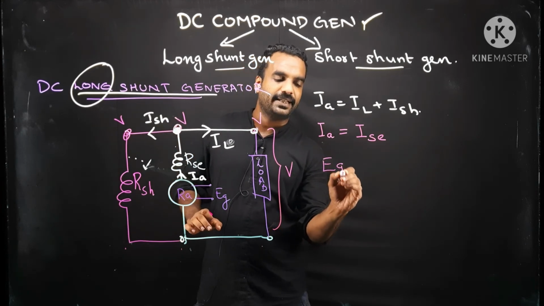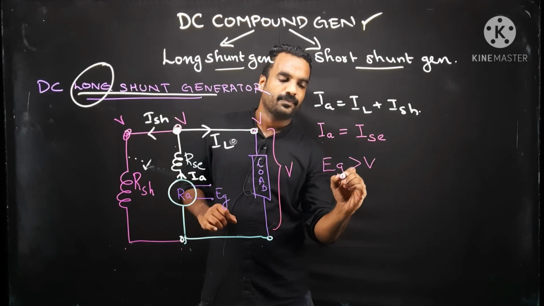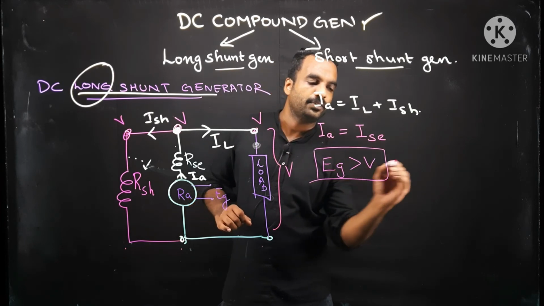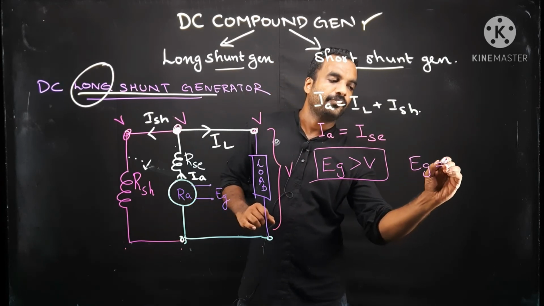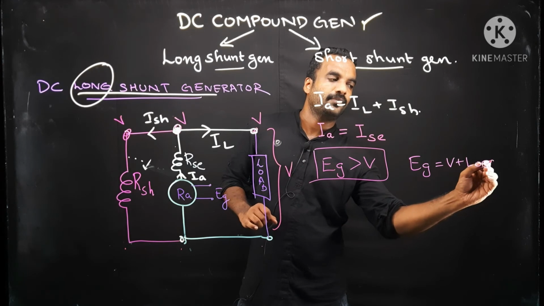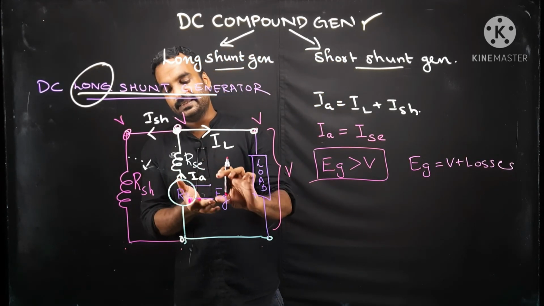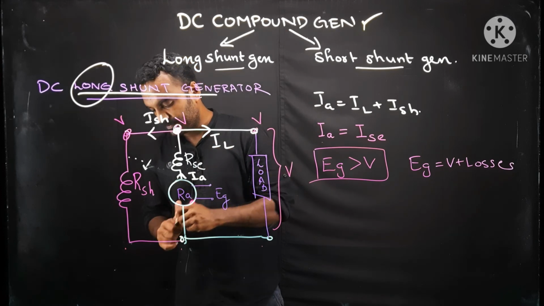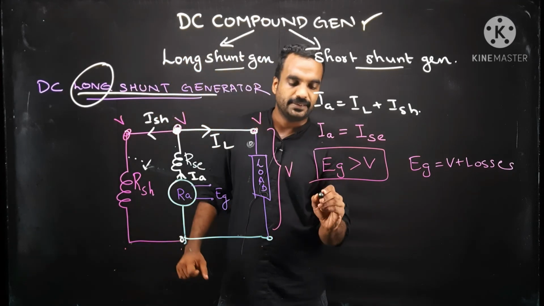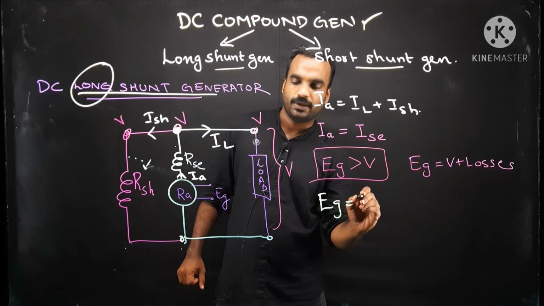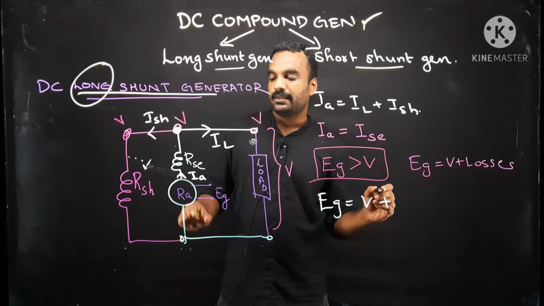Of course EG is greater than V, and we know EG is equal to V plus losses. Now tell me, what are the losses in between this EG point and this V node? It's very simple. EG is equal to V plus two losses.